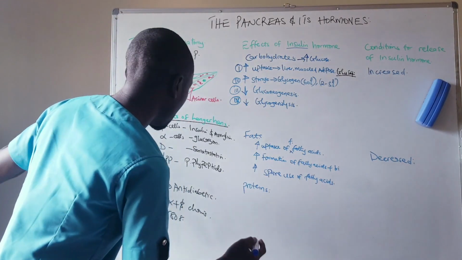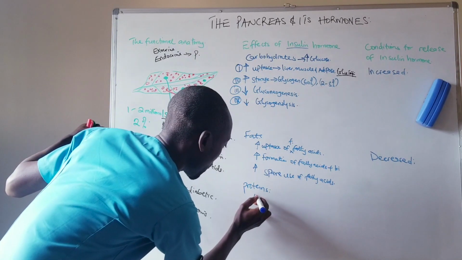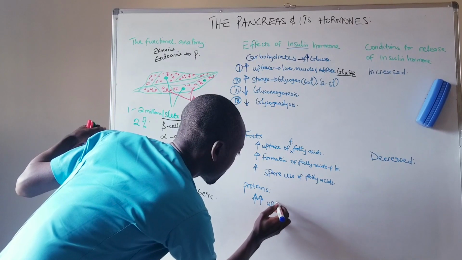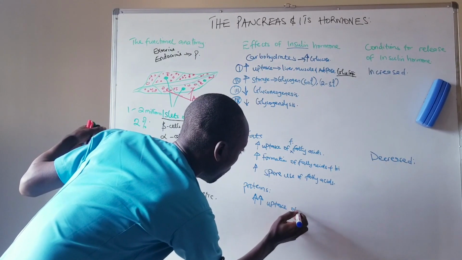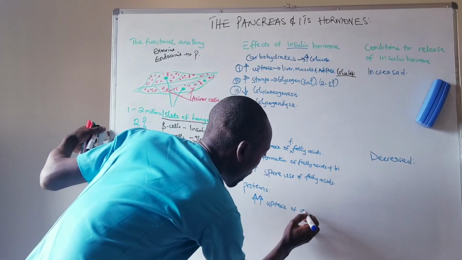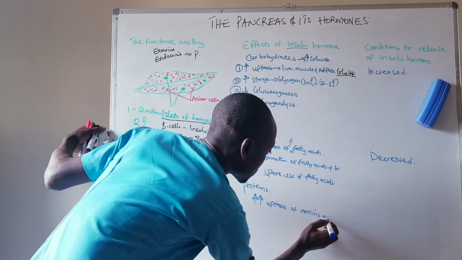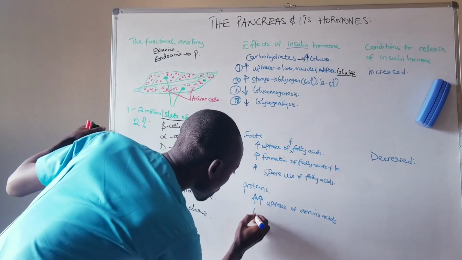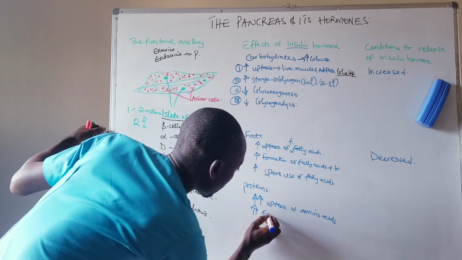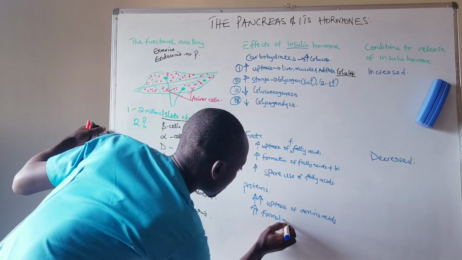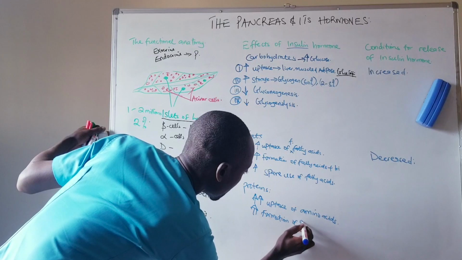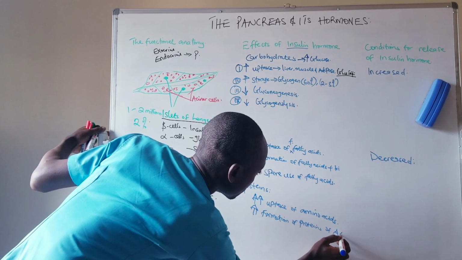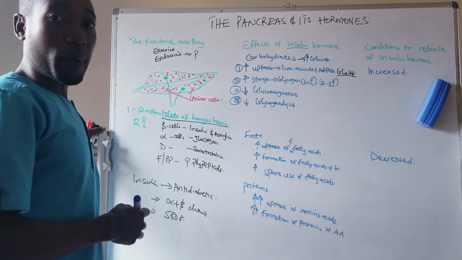Then also insulin on proteins, we are going to find that insulin also increases uptake of amino acids, okay, into different cells of the body. It also promotes formation of proteins, of course, from amino acids.